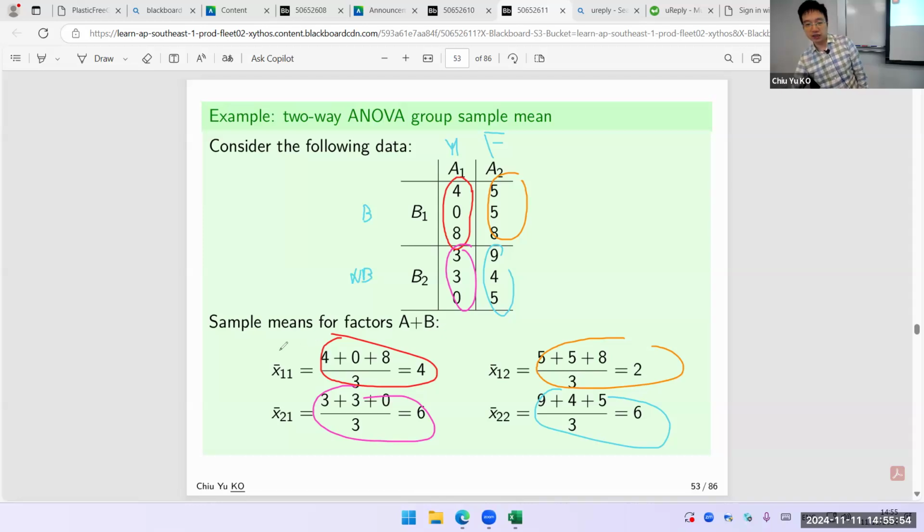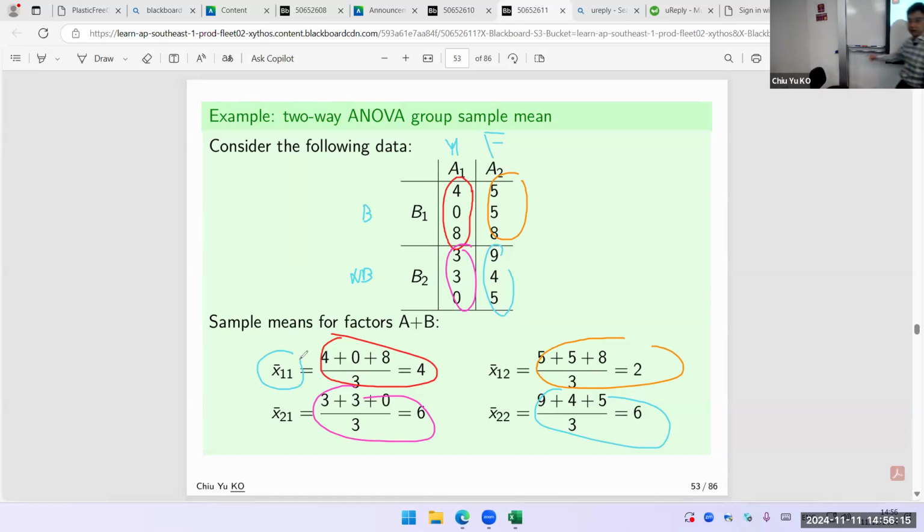This means that I want to look at the average of male in B school. And B12 will be the average of females in B school, and this will be the average male in non-B school, average female in non-B school.